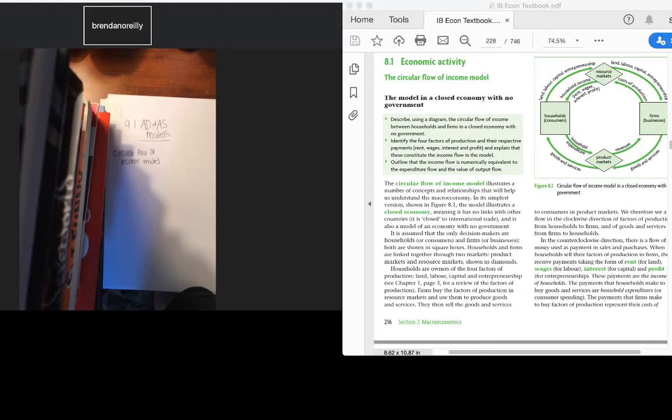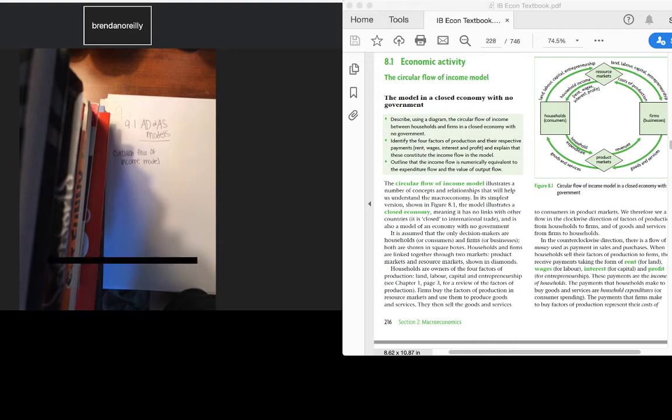In terms of the individuals that go into providing these transactions, there are two categories. First, there are households, and they don't have the traditional definition you might think. Households in economics are just consumers in general. They use rent, wages, interest, and profit to purchase products from the product market.